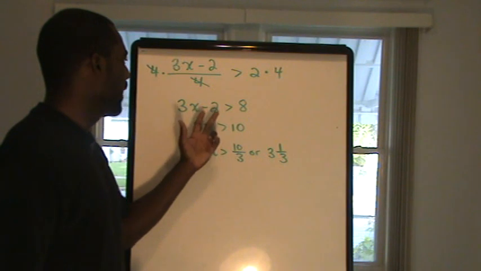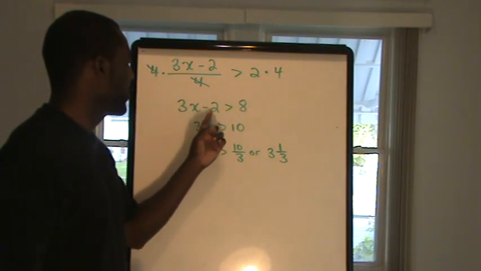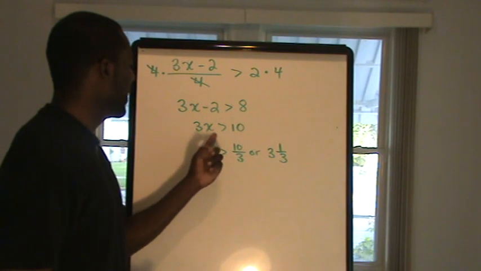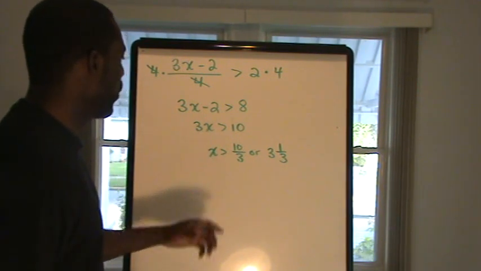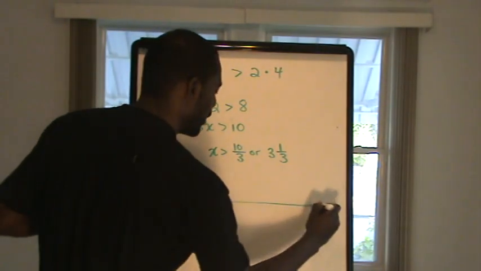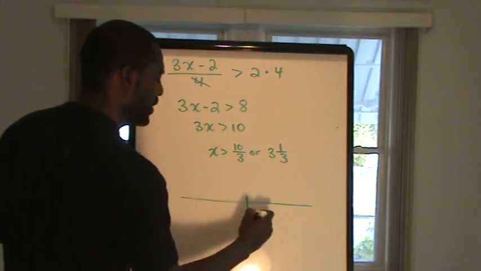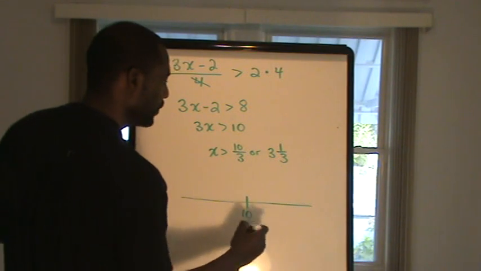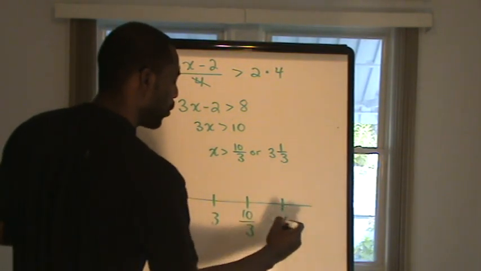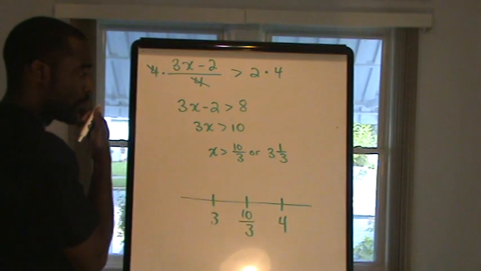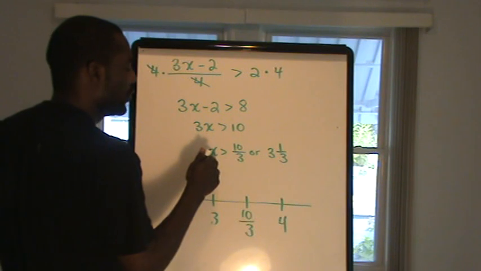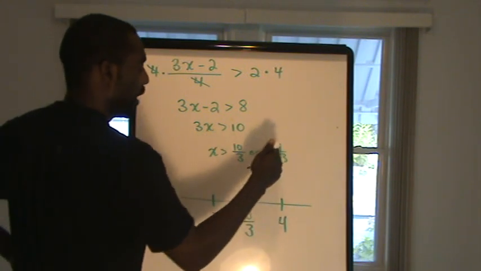I hope you're familiar with how to solve these 2-step equations. We're adding 2 to both sides because the inverse operation of subtraction is addition, and the inverse operation of multiplication is division. Now, for a graphical representation, we put our number in question on the number line, which is 10/3, somewhere between the integer 3 and the integer 4, because we want all solutions greater than 3 1/3.